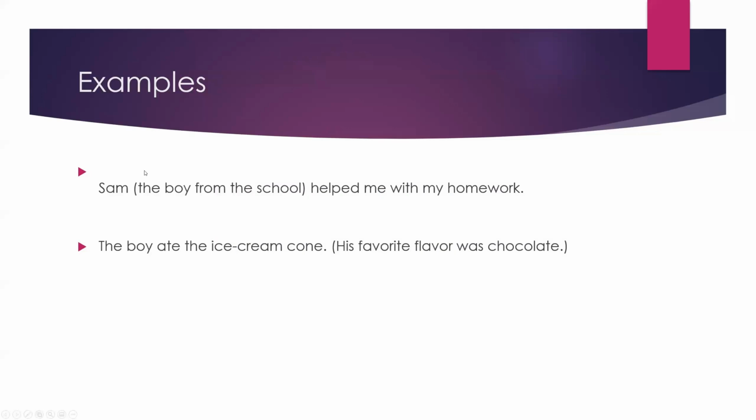Whereas here, this part of the sentence within the parentheses cannot stand alone. The meaning in it is integral to the rest of the sentence. Therefore, we do not add any type of punctuation such as a period or a comma. So that's that.